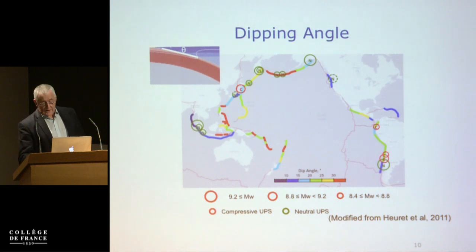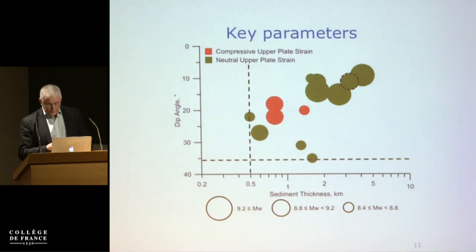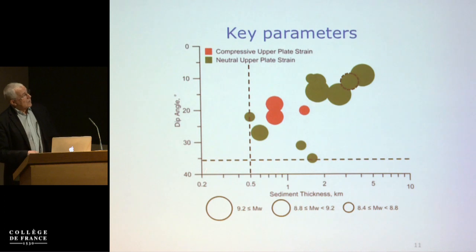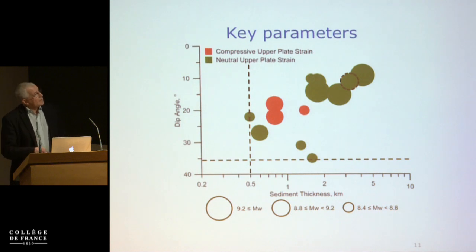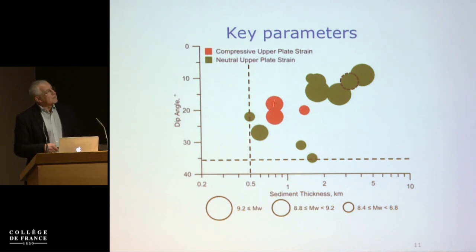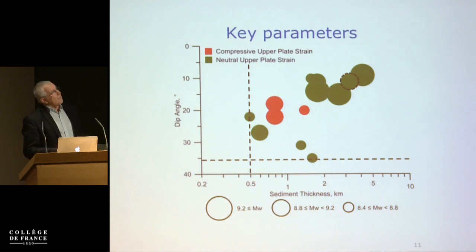This is probably better seen in this diagram, where I put again all earthquakes with magnitude more than 8.4. In this diagram, dip angle and sedimentary thickness are shown, and the color indicates the stress or strain in the upper plate.